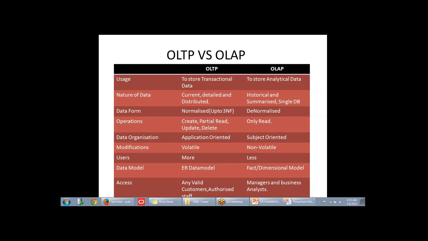So what kind of operations can we perform in these OLTP and OLAP systems? In OLTP systems, as it is running data and business data, we will be creating data. Like if a new customer has taken membership for our store, then we will be entering the name and details of that customer. That is creation of data. And partial read. Partial read in the sense we'll be verifying whether this customer has already subscribed or not.